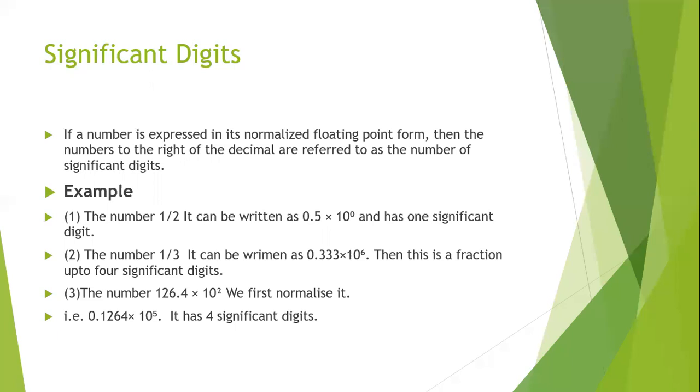For example, the number 1 by 2 can be written as 0.5, and 0.5 is the normalized floating point form. The number of digits after the decimal point is 1.